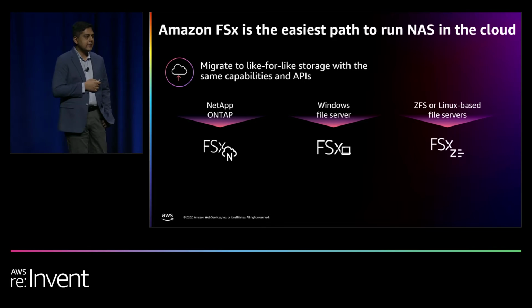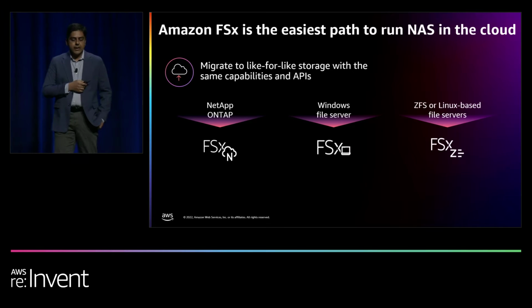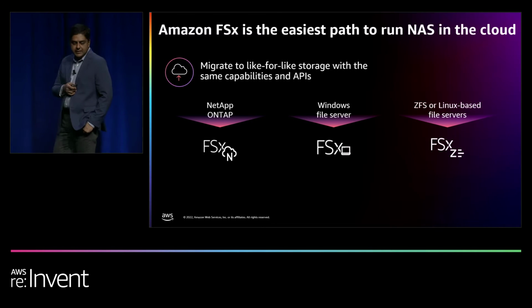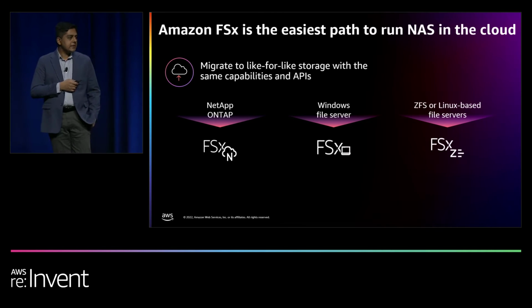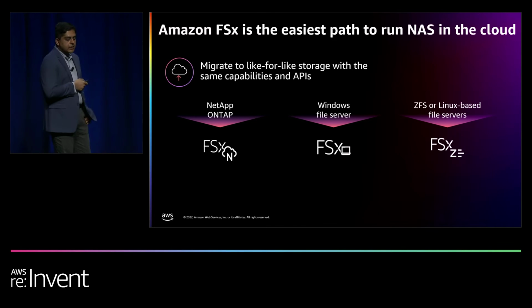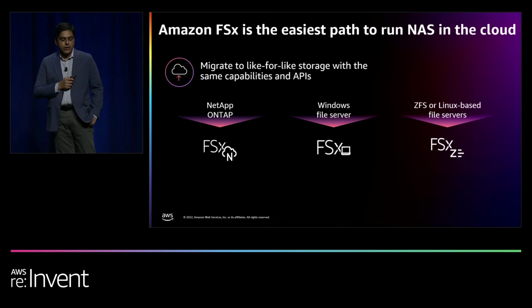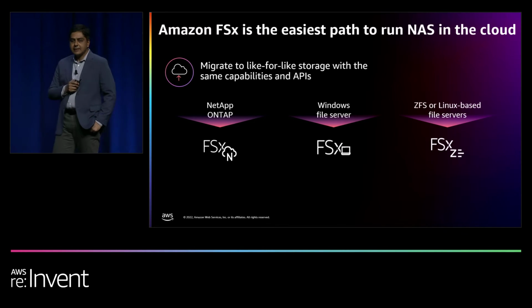If you're running a Windows File Server clustered deployment, you just move it over to FSx for Windows File Server. And if you're running ZFS or Linux-based file servers today on premises, you just move that NAS data over to FSx for OpenZFS. So it's the easiest path to migrate to like-for-like storage with the same capabilities and APIs.